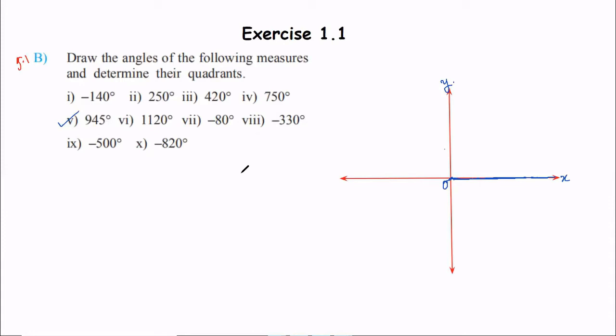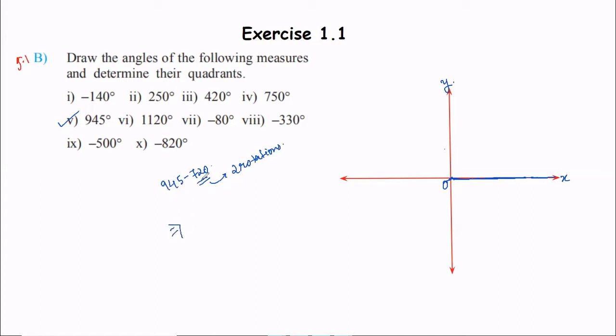That's the fifth question. If we think over this, the nearest multiple of 360 which I can find is 720. From 720 it indicates two rotations. So we need to consider two rotations first, and then whatever the difference is, we need to add that difference to get the required angle and to understand in which quadrant it will lie.